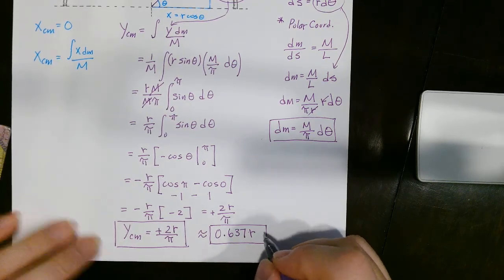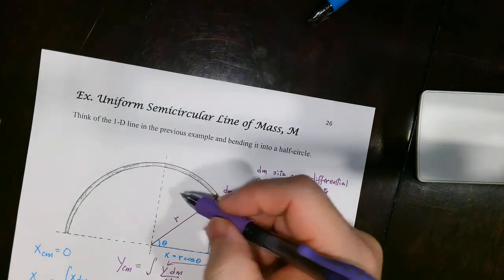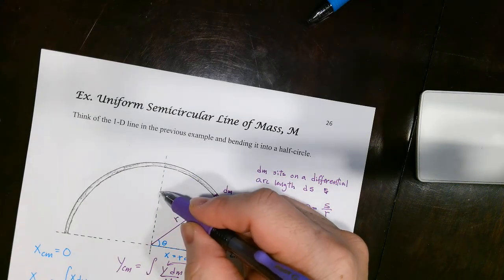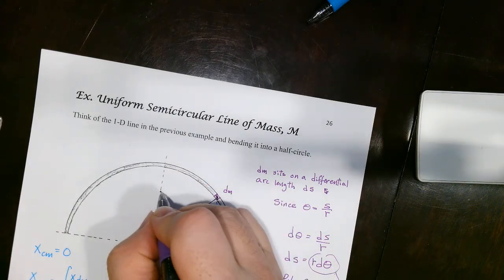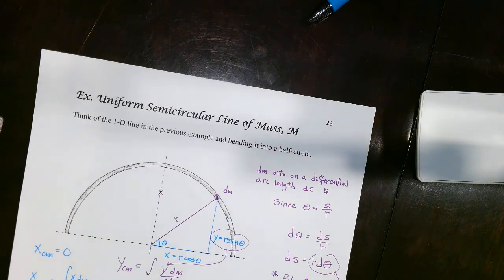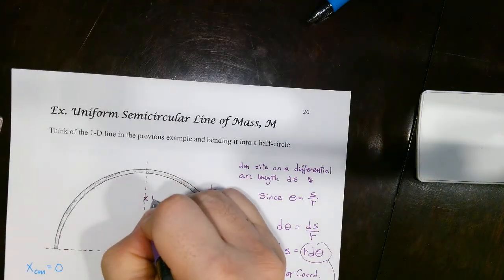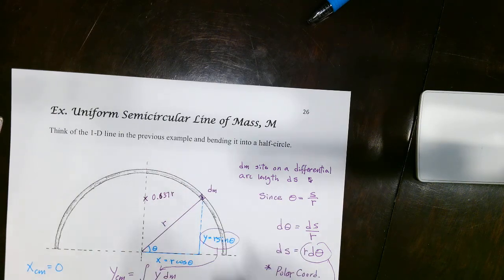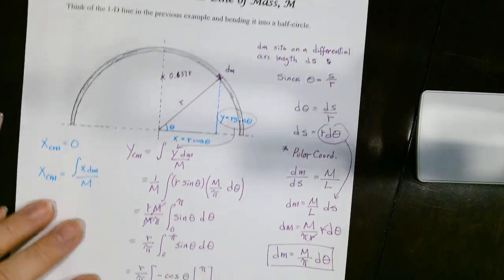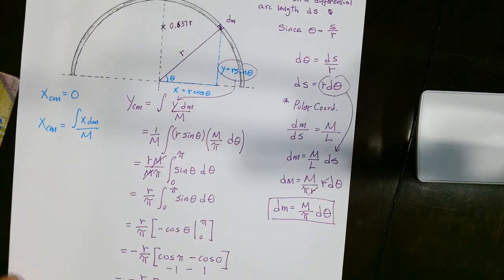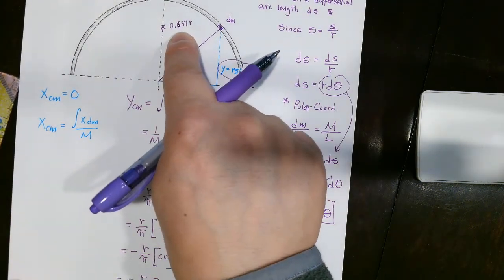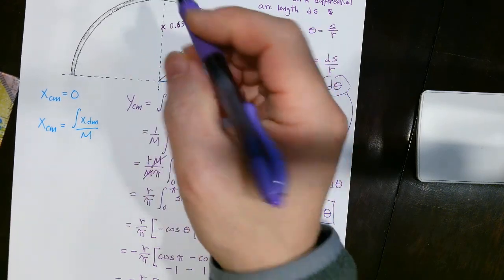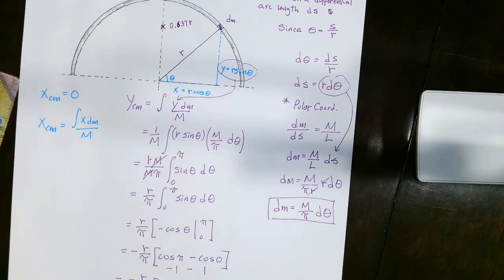If this is r, 2/3 r is going to be somewhere around here, like 0.6. So 0.637 r. Okay? So (0, 0.637 r). So this center of mass is outside of the system.